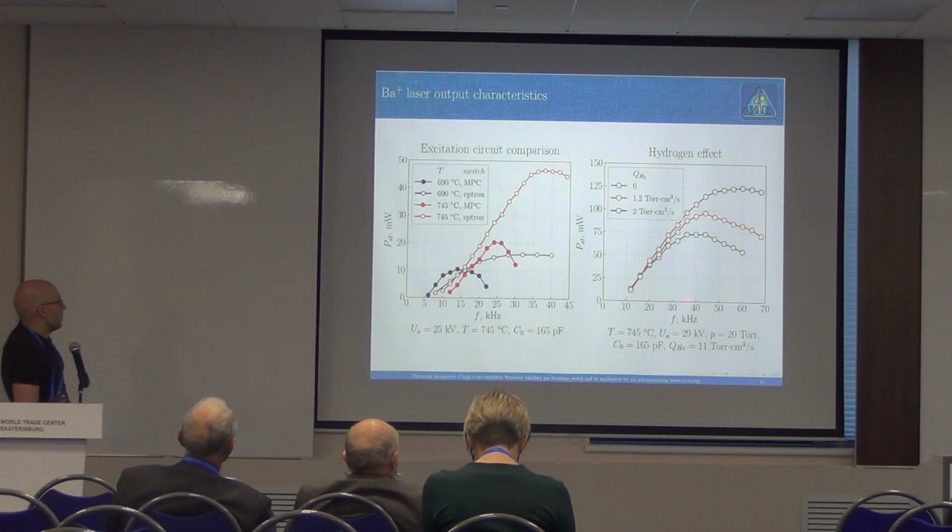The second figure demonstrates that when you add some hydrogen admixture to the working media, you achieve better output characteristics. In general, we achieved 125 milliwatts in steady state mode for the barium ion laser.